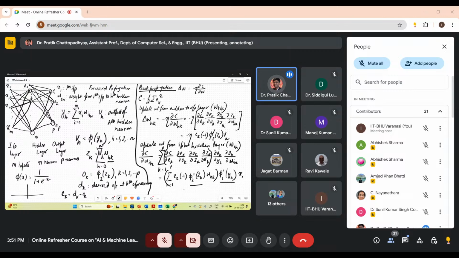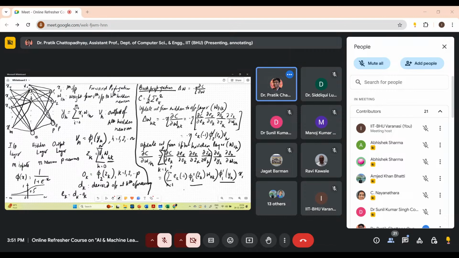At minus infinity, the value is 0. When x is 0, the value of phi is 0.5. And when x goes to plus infinity, its value is 1. This is 0, this is 0.5. So this is the shape of the sigmoid curve.